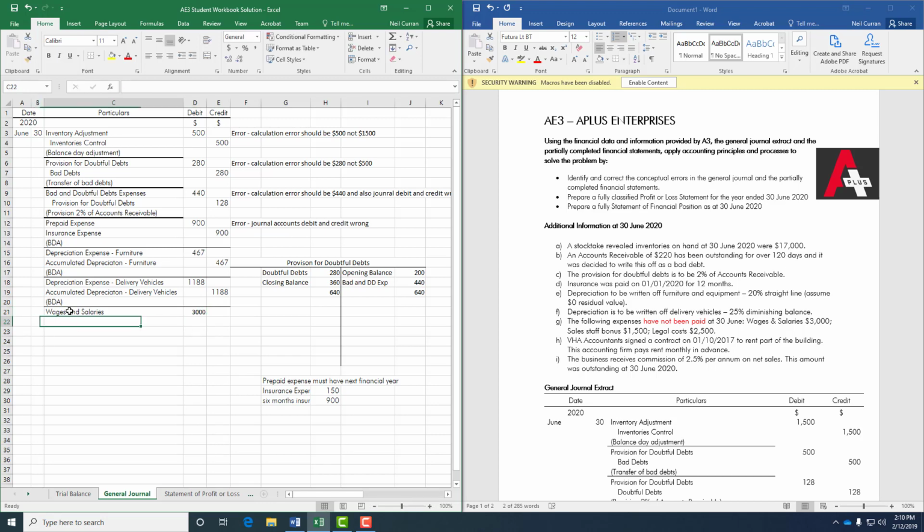You've got sales staff bonus of $1,500, and then you've got legal expenses of $2,500, and then accrued expenses, which is the addition of the three together. And same thing again, balance day adjustment.